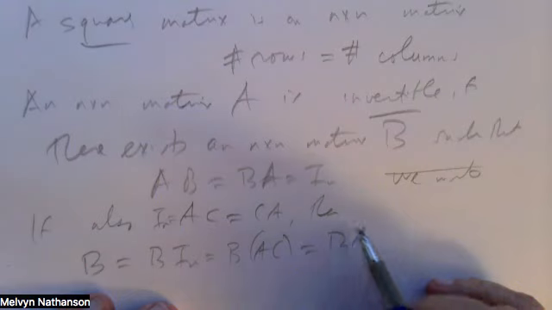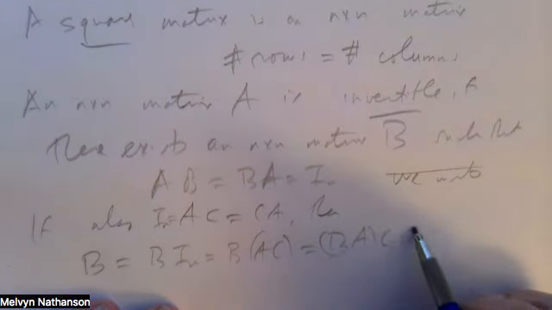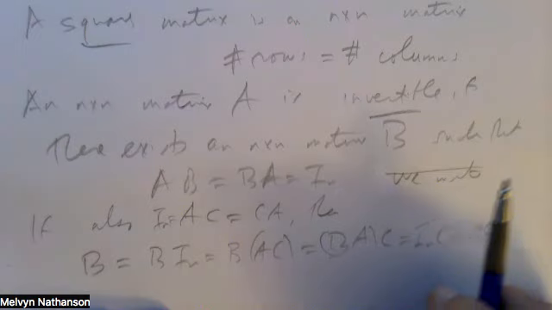That's B times AC, which by associativity is BA times C, but BA is the identity, times C is C. So B equals C. So if an inverse exists, it's unique. And we denote by A to the power minus 1 the inverse of the matrix A.